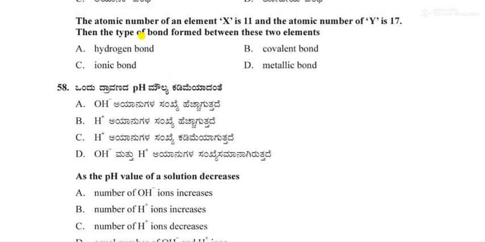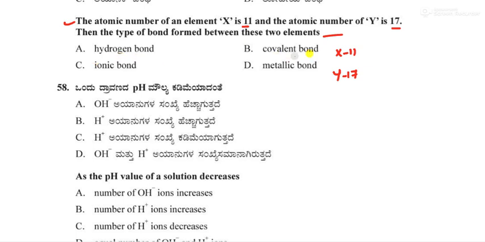The atomic number of an element X is 11, and the atomic number of Y is 17. X is 11 and Y is 17. What have they given now? The type of the bond formed between these two elements is dash.